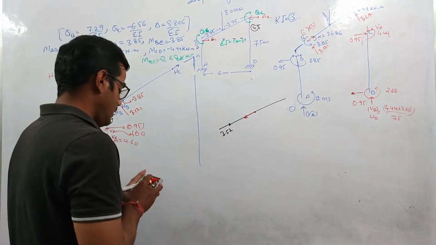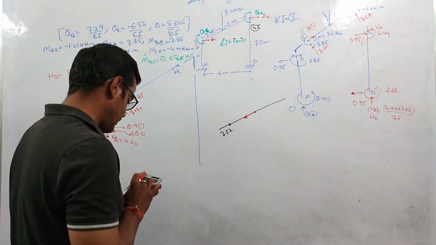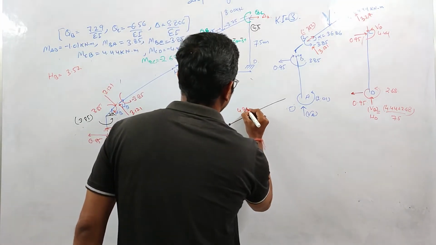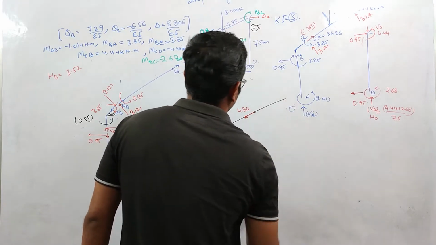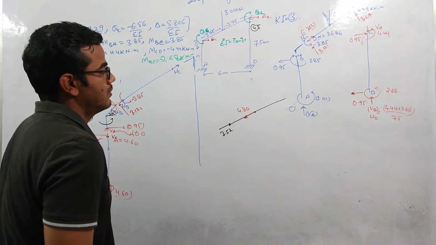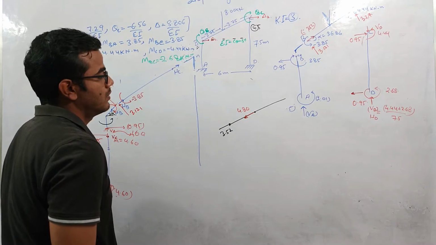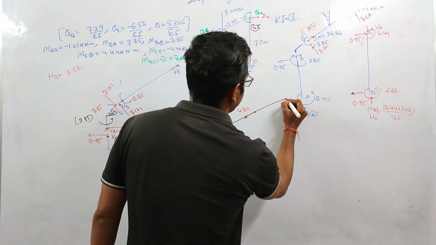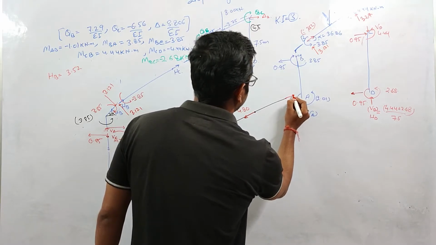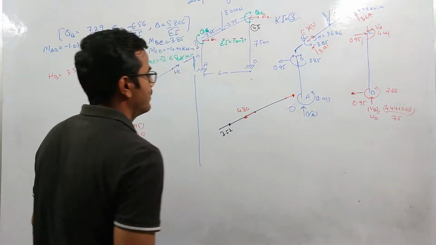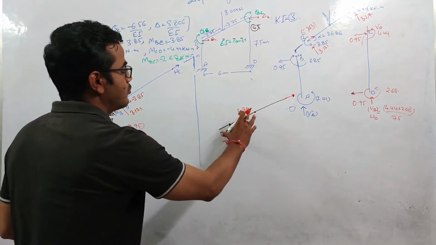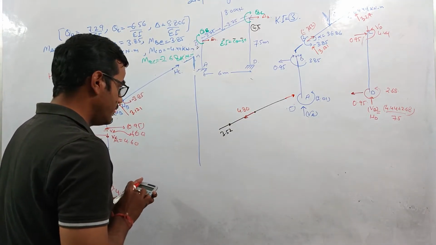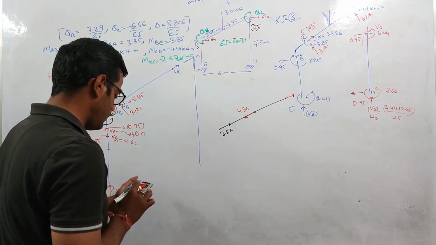is 8 into sine 36.86. The value is 4.80, right? Okay. If this is the case, there will be one reaction at this end to balance this force, which is 4.80 minus 3.52.